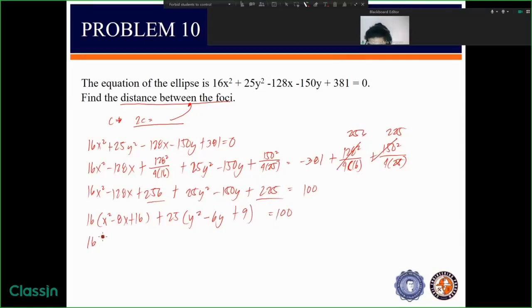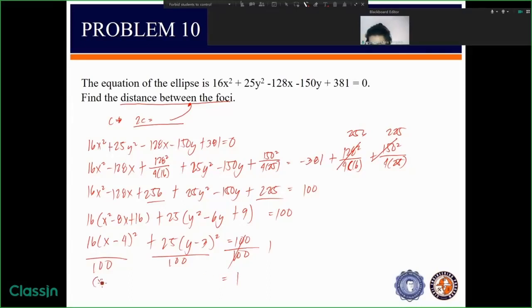Now, the perfect factor of this is going to be 16 times x minus 4 squared, and this one, 25 times y minus 3 squared, equal to 100. Then divide both sides by 100. We need just 1 on the other side, no? So this is equal to 1.